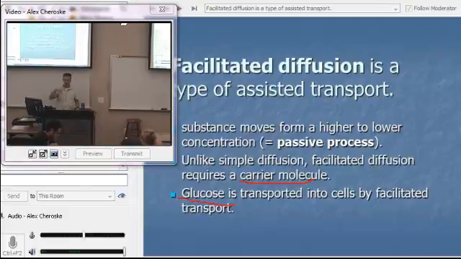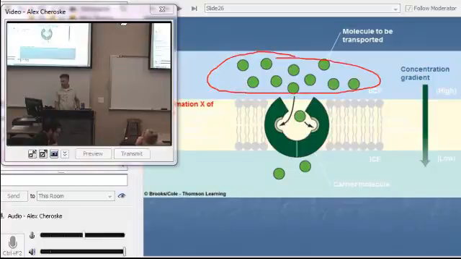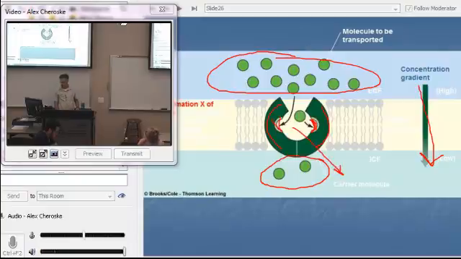It needs an escort. But it would naturally go from high to low. We just need to escort it across. So that's the case that we see here, right? See high concentration here, low concentration here. That's the natural gradient for it to go that way. But we need this escort molecule here, the transport molecule, that has a particular binding pocket that fits it right, to bring it across like that. Okay? So that's facilitated transport.